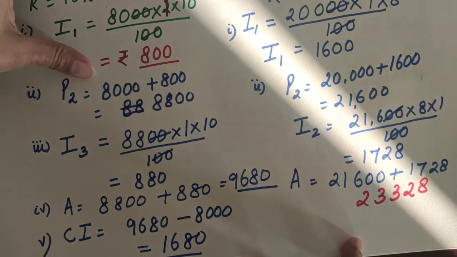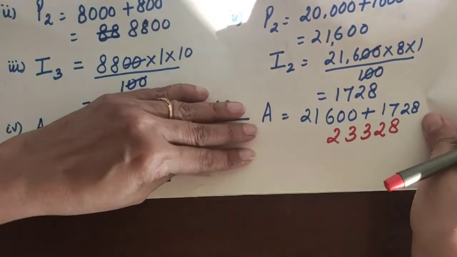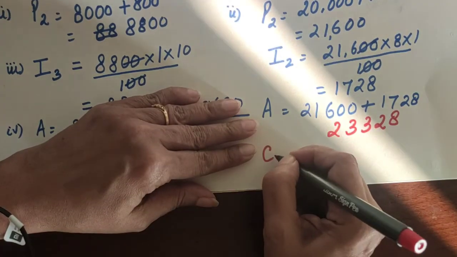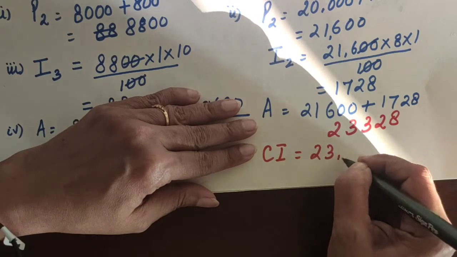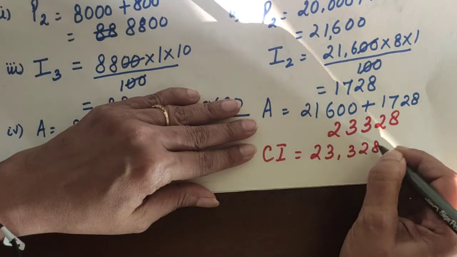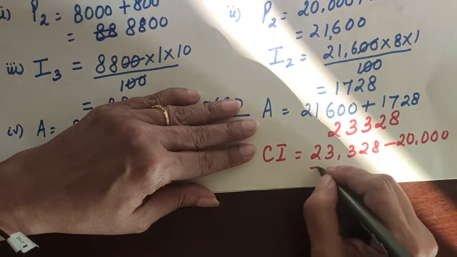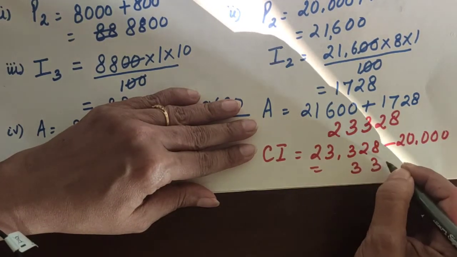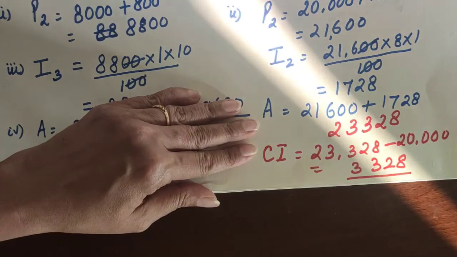And hence the compound interest here we will get as the amount, which is 23,328, minus the principal, which is 20,000, and it is 3,328 rupees.